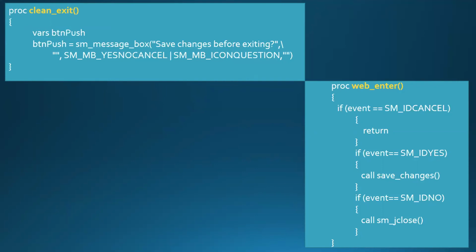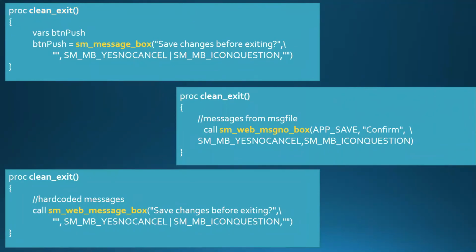One more thing is, in this technique, I replace the SM message box function with SM web message number box if the messages are coming from the message file, or SM web message box if the messages are passed directly to the function. You can get the sample code for these functions from us.